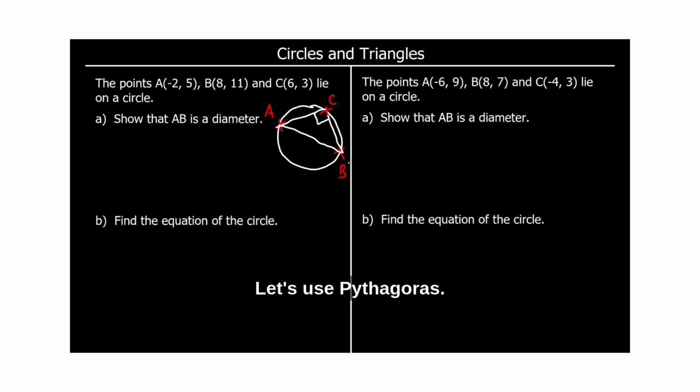Let's use Pythagoras. So we want to work out AC, BC, and AB, working out the lengths. And to work out a length, we use Pythagoras. So if we work out AB, so the length AB, so between the x coordinates, -2 to 8 is 10, so 10 squared.